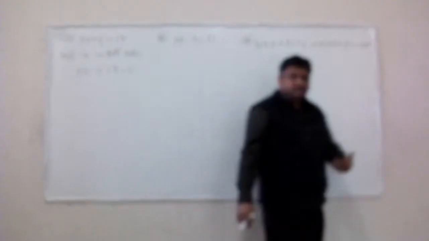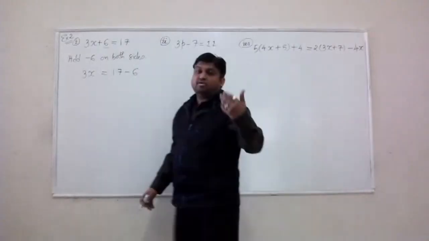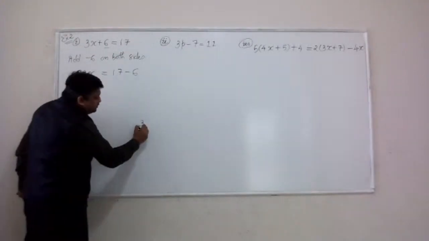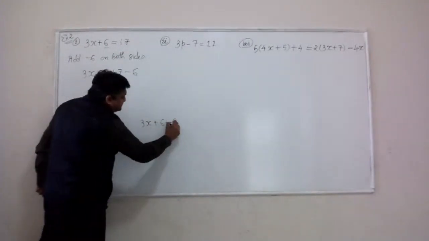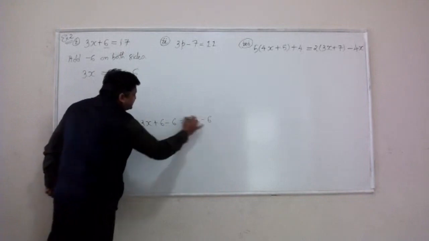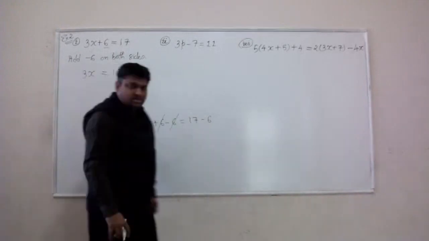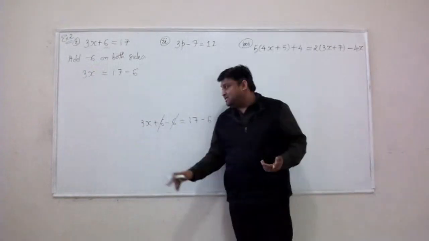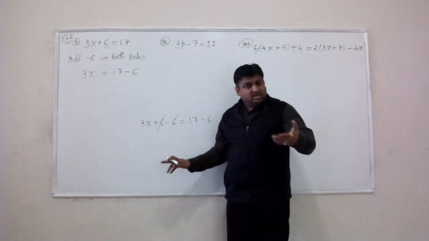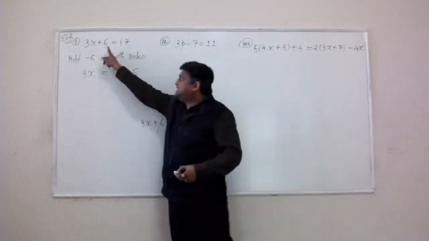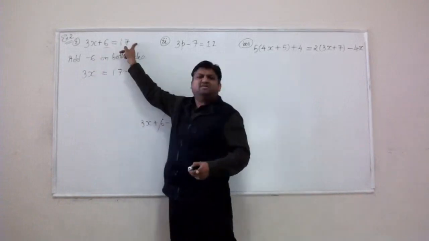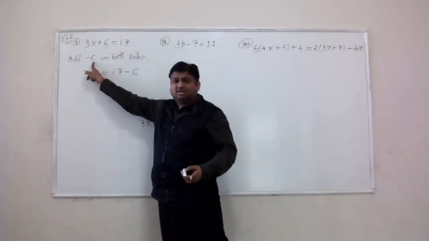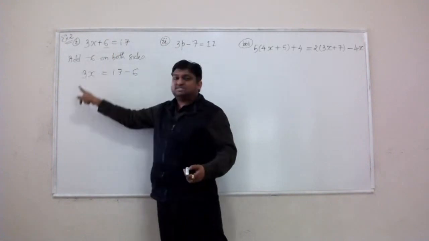Let me mention here that I know many of you write one additional step. You would do 3x plus 6 minus 6 equal to 17 minus 6, and then cross 6 out. I want you to make a habit of not doing that. Remember, it was our intention to move 6 over to the other side, and that's the reason why we are adding negative 6.